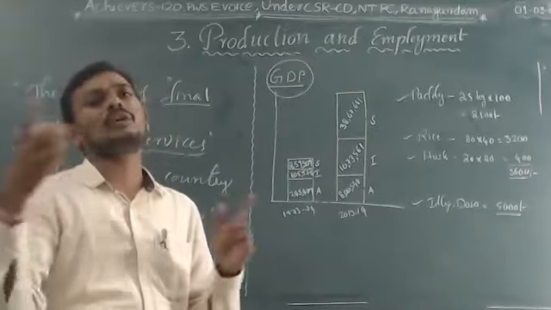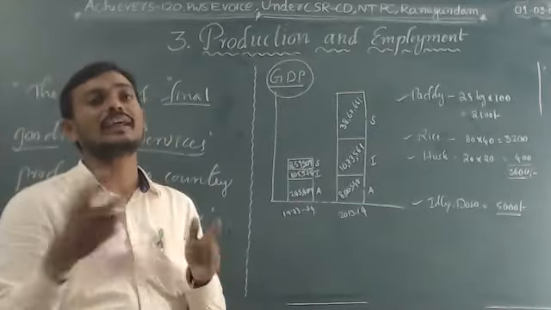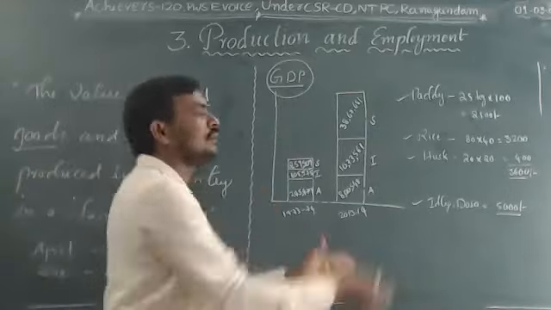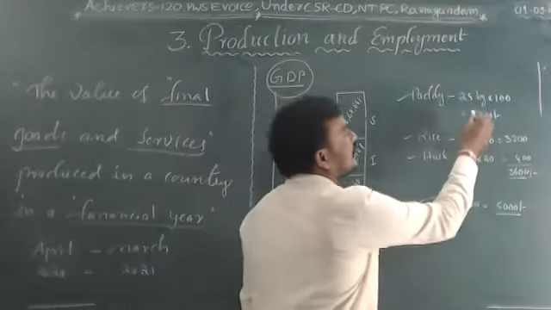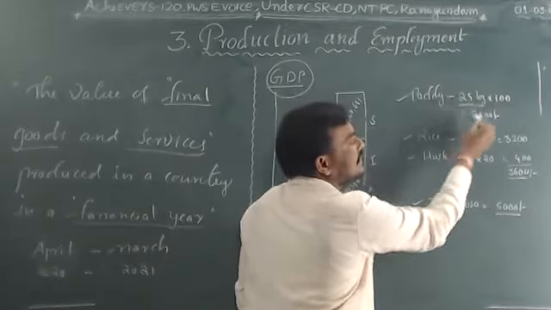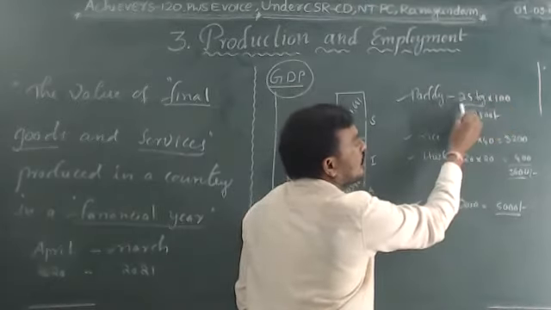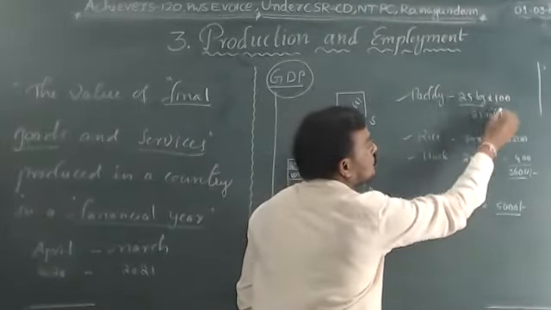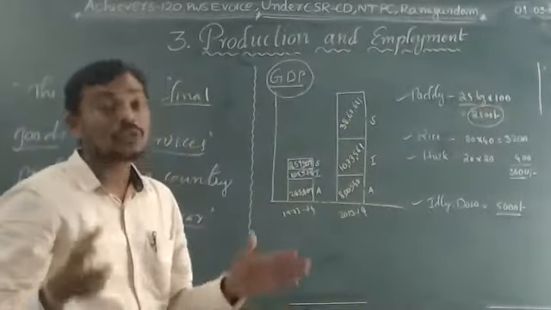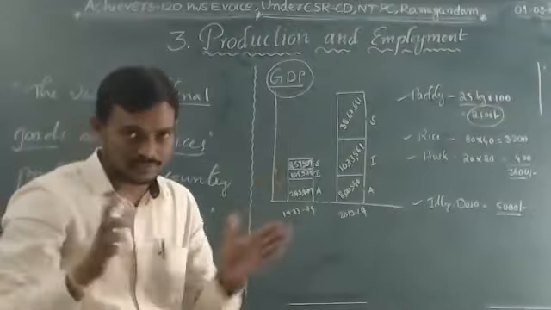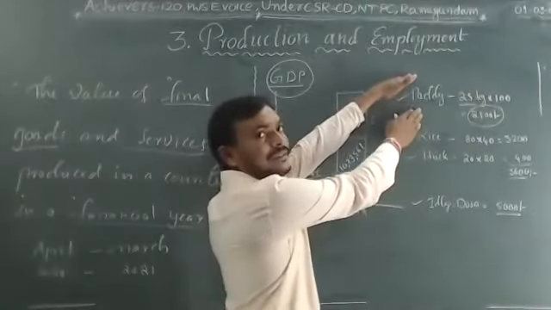They have to sell in the market yards or else to the rice millers. In this example, the farmer produced paddy of 25 kg. Each kg carries 100 rupees. The total 25 kg into 100 is 2,500 rupees. Here, the farmer earned 2,500 rupees for paddy.